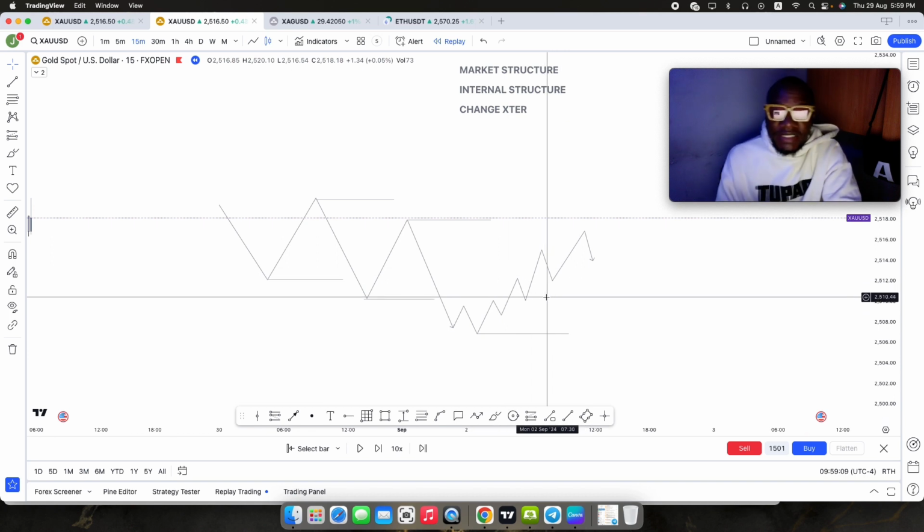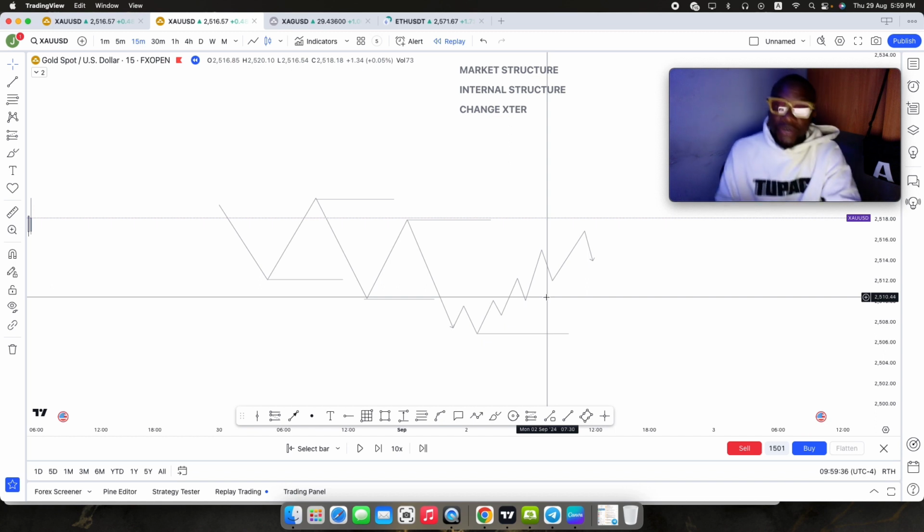Because there are chances that sometimes we might be trading while our major trend is bullish and our internal trend is bearish. These are things that get people confused, and they don't know exactly where to trade. They don't know if they are to buy, they don't know if they are to sell, and at that point they're confused. So now, how do you get to know when the market is about to pull back?